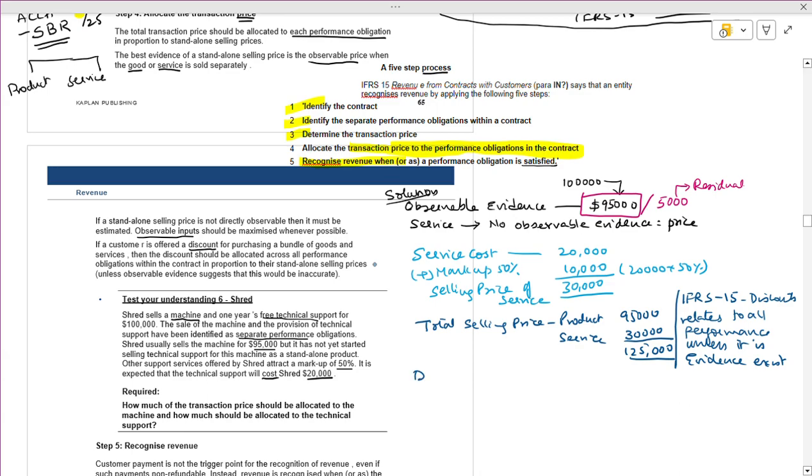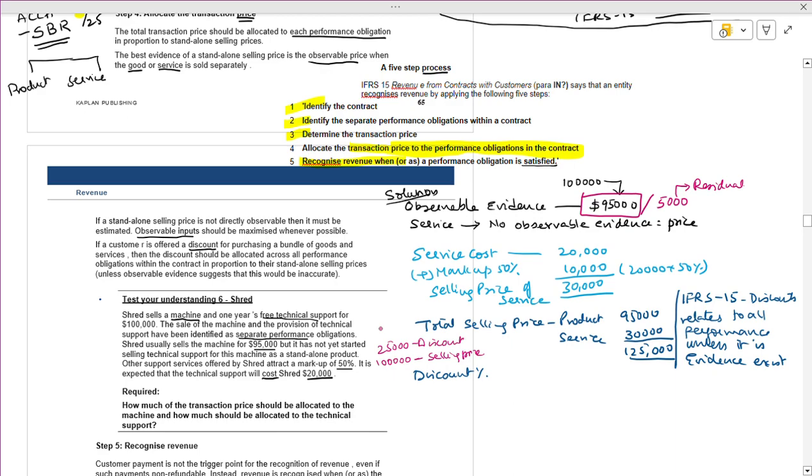Now, what is the discount percentage? See, how much is the discount? 25,000. Okay, this is the discount. What is the total price? Total selling price will be how much? This is the selling price.